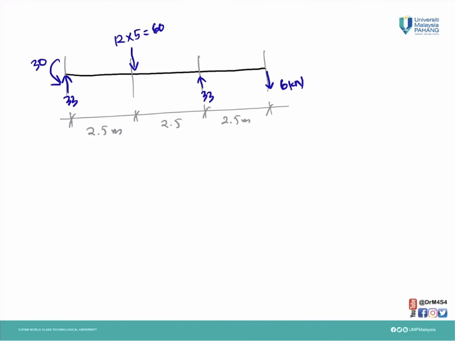So now let's check. We take summation of moment at 1, which is node 1, this one is node 2, this one is node 3. Refer back to the initial stage, clockwise positive.